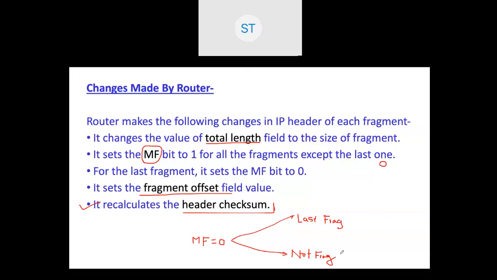When it checks that MF is equal to 0, either this is the last fragment or not fragmented. Then how will it resolve whether it is the last fragment or a not fragmented datagram?